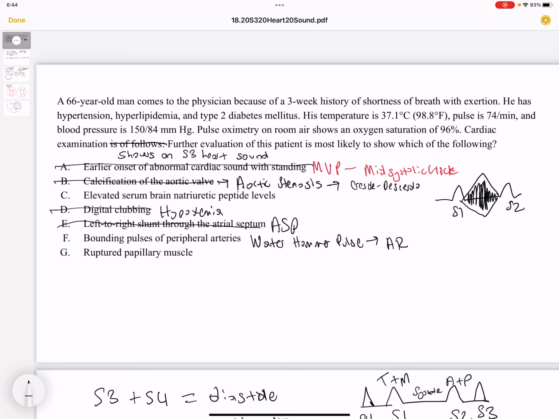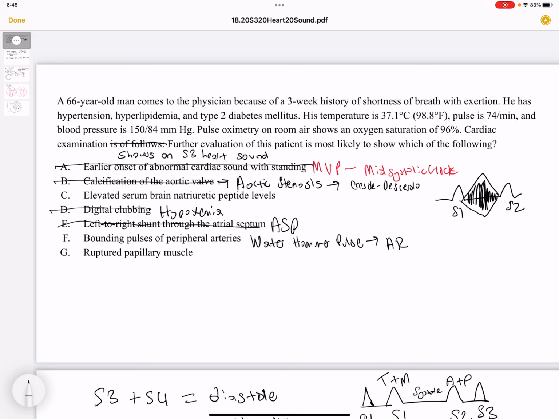And the water hammer pulse can be palpated in distal arteries such as the radial artery, the brachial artery, as well as the ulnar artery. It can also be palpated in the carotid artery, and that's called Corrigan's pulse.